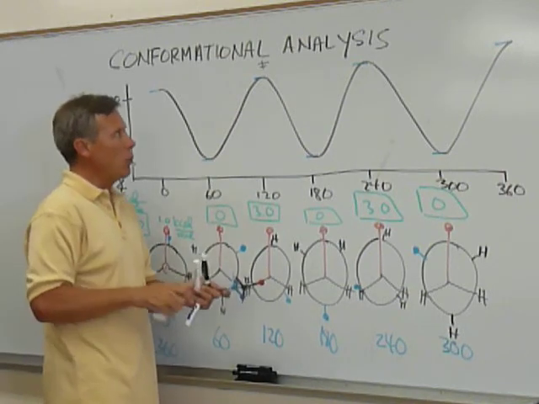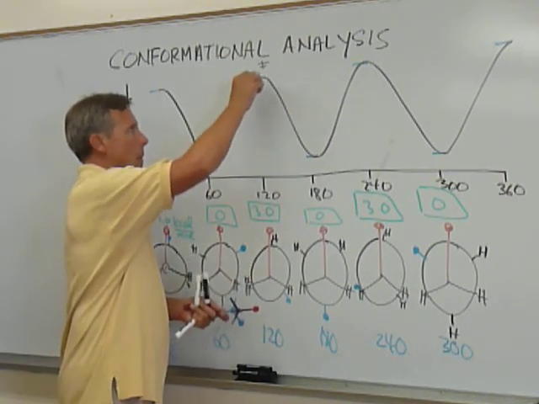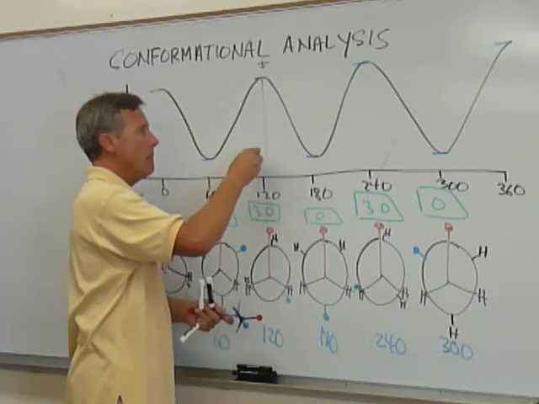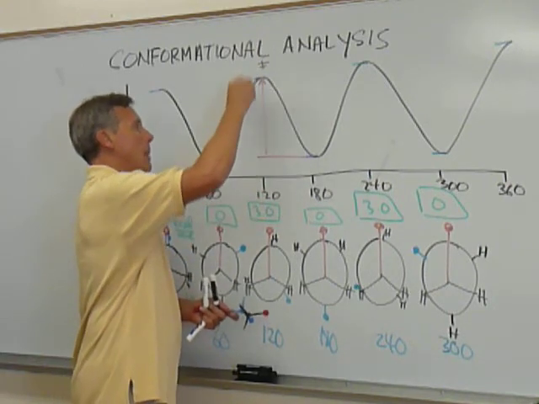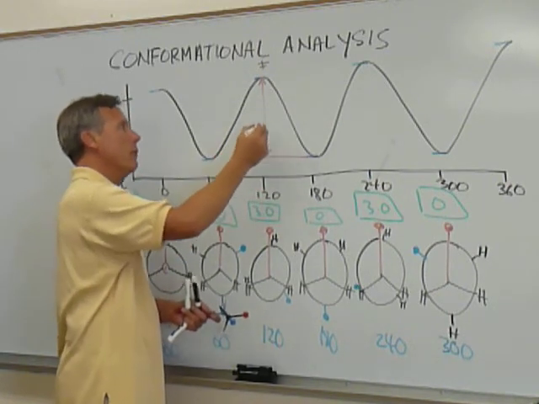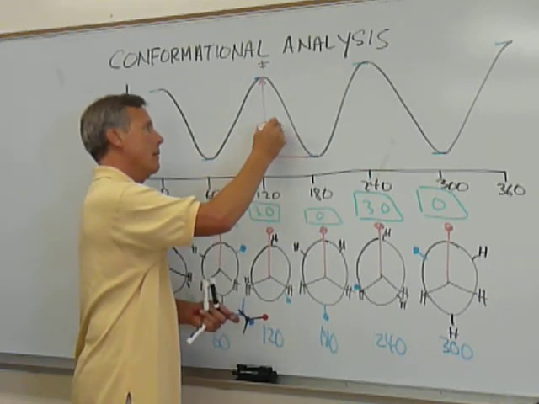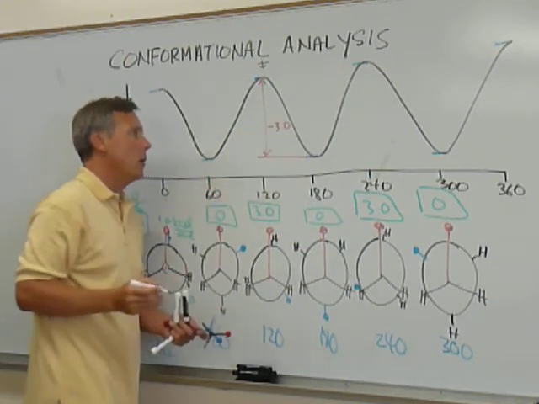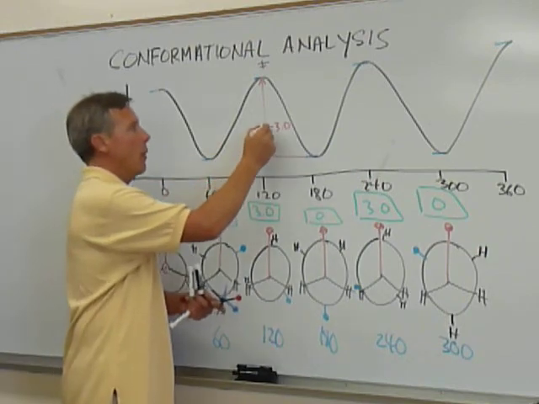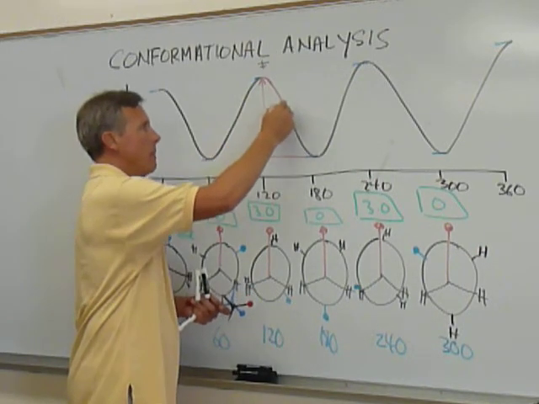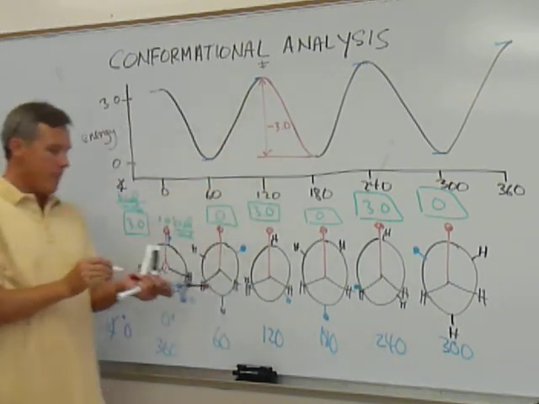The energy difference between the highest point and the lowest point on this side of the curve would be a negative 3.0 kcal per mole, since I am going down in energy.